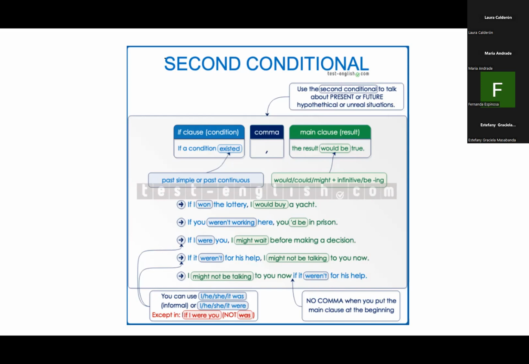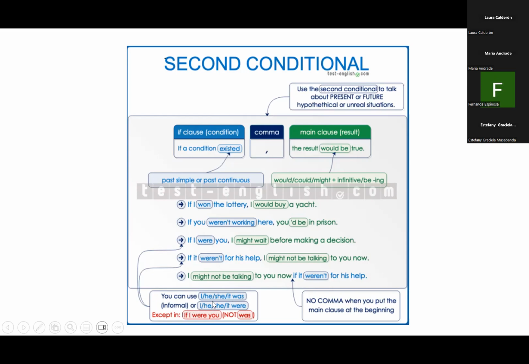Sometimes it refers to the present. It could also refer to a future possibility, the second conditional. You can use I, he, she, it, was.